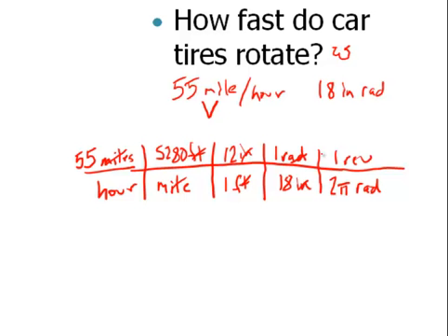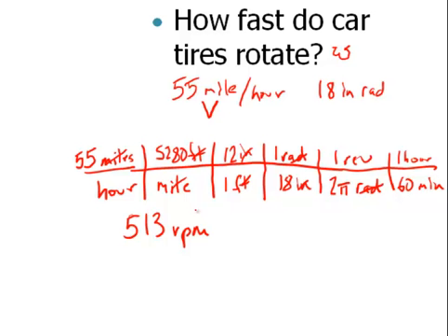I think the only thing we need to do now is get it into the RPMs. We have revolutions, and I'd like it in per hour, and I'd like it in revolutions per minute. So we'll just tack on 1 hour and 60 minutes. And when I multiply these out, I got 513 RPMs.